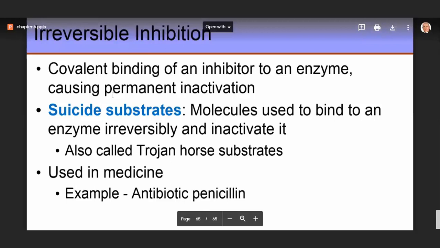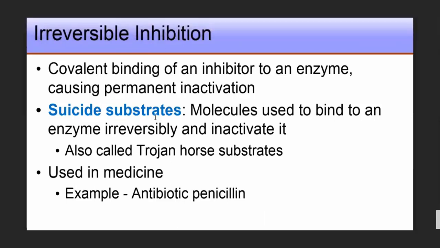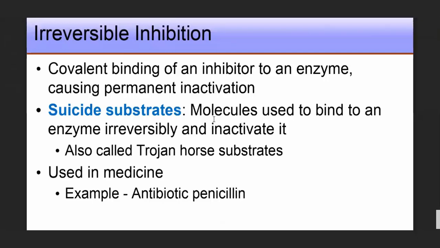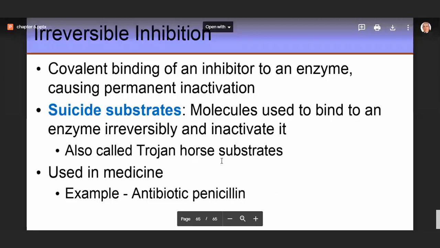That's why they are sometimes called suicide inhibitors. Irreversible inhibitors, sometimes called suicide inhibitors, are molecules used to bind to an enzyme irreversibly and inactivate it. Also called Trojan horse substrates.